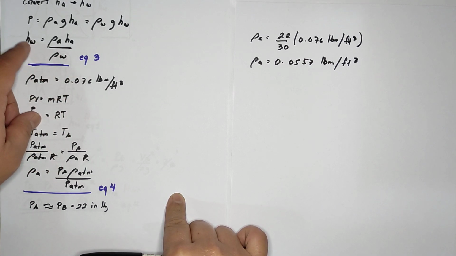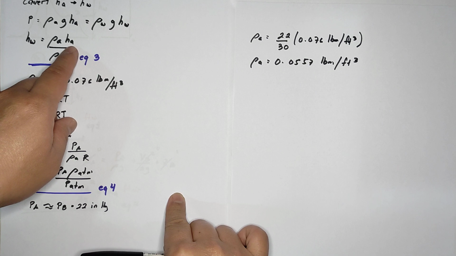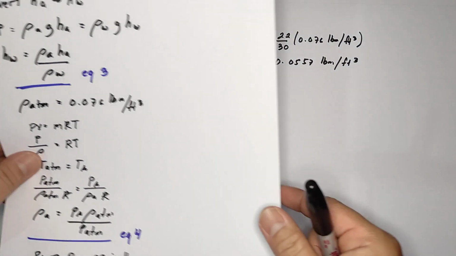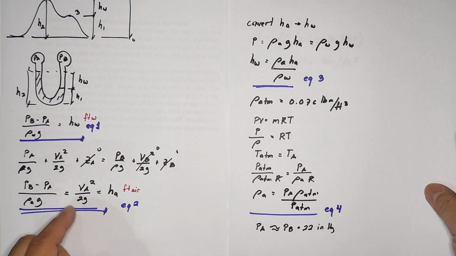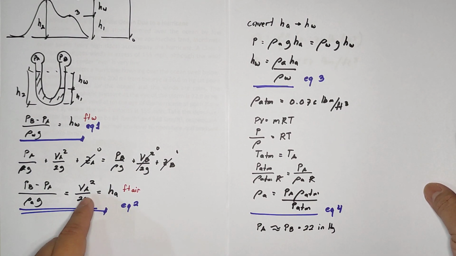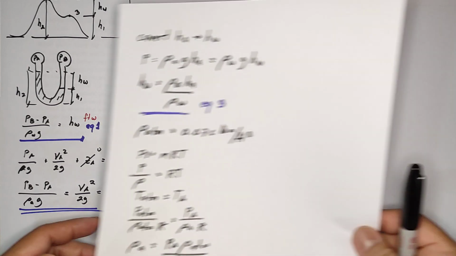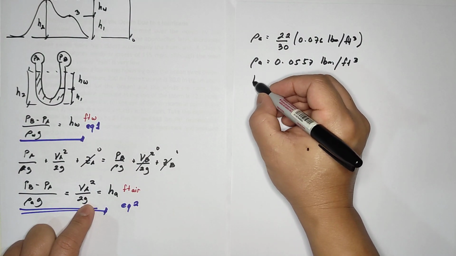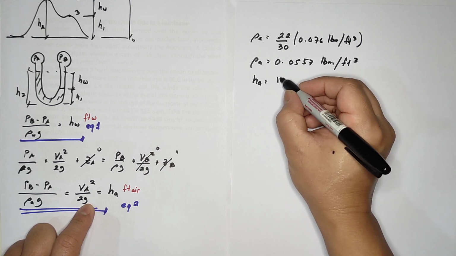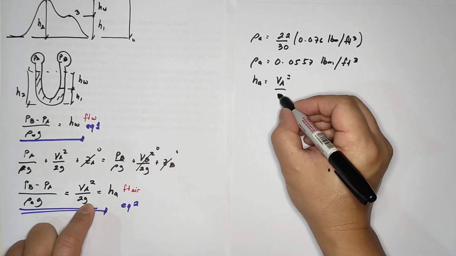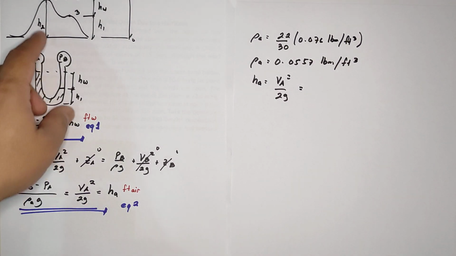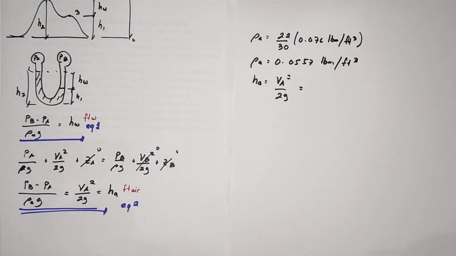We are computing for this HW. How about HA? Let's see from our previous equation what is HA. From this equation, you have VA squared over 2g. Now, what is the velocity at A? The velocity at A is 155 miles per hour.